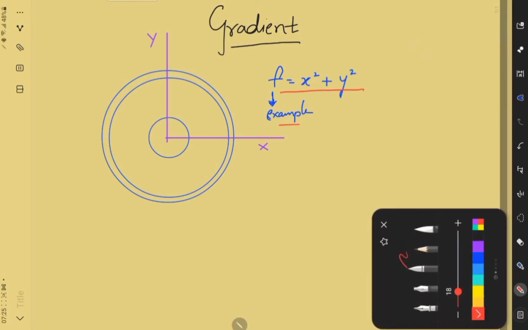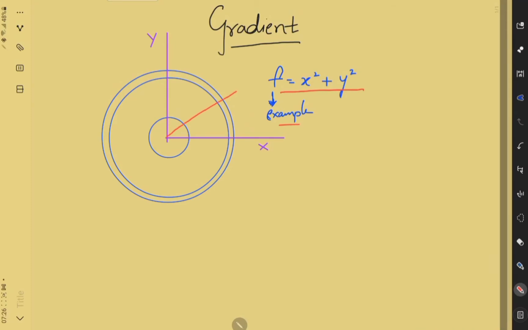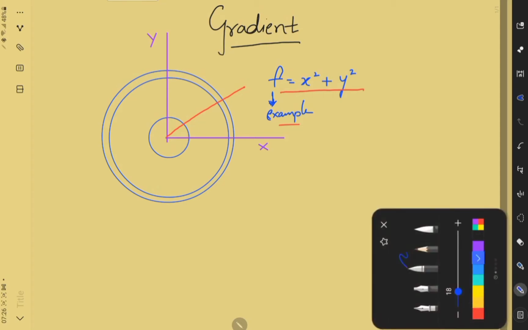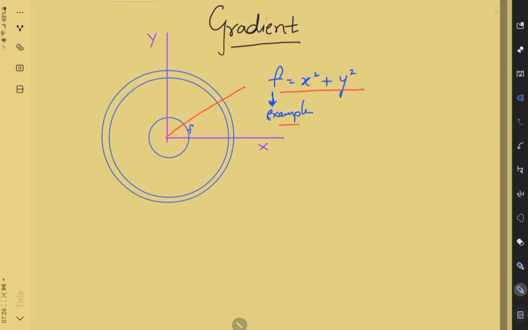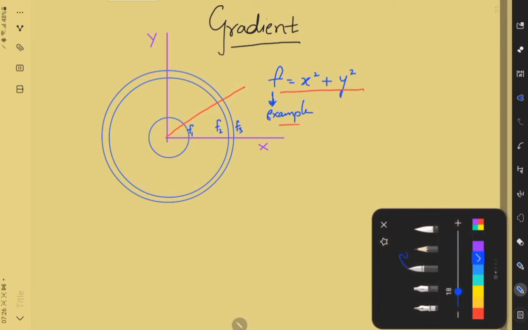If we move radially outward, we will reach first this curve, say f1, then f2, then f3, as we keep on moving radially outward. Say f2 and f3 are very close.